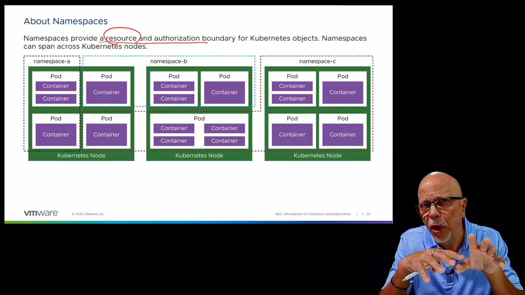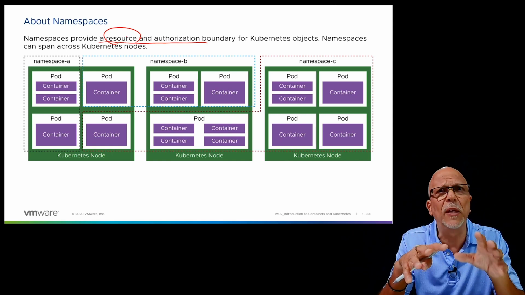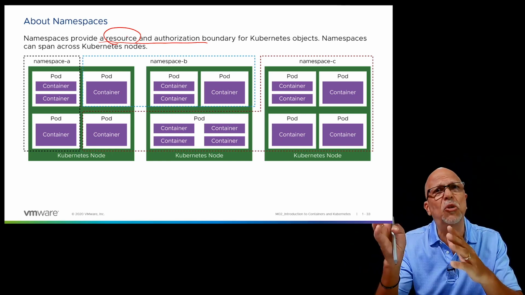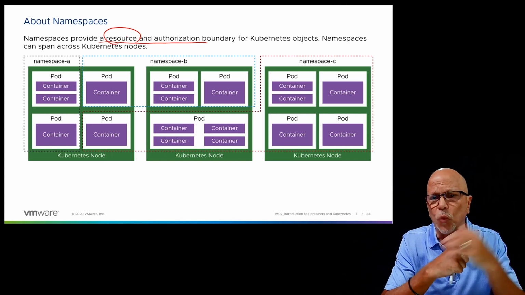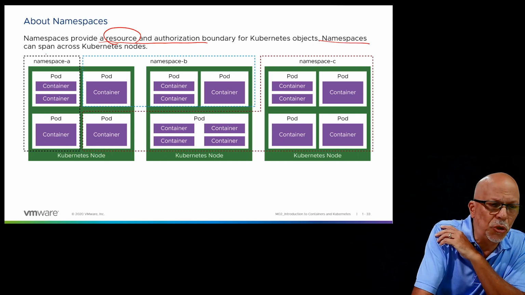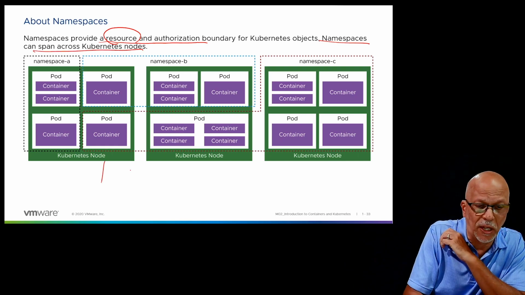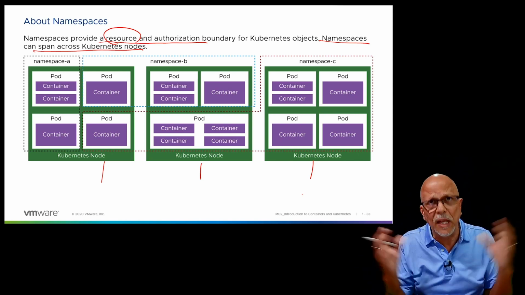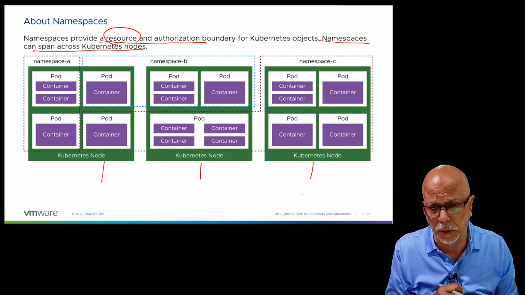Resource pools are probably the closest thing that we as a vSphere administrator understand, and namespaces are very similar to that as well. You can see here that the namespaces do span across the various respective Kubernetes nodes, but they are constrained inside of a single Kubernetes cluster.